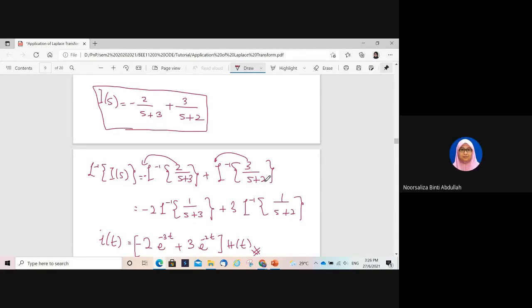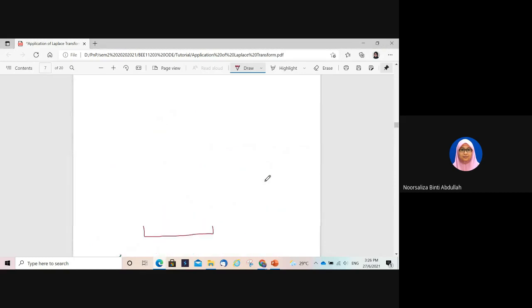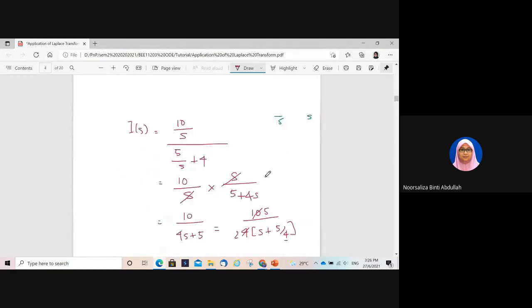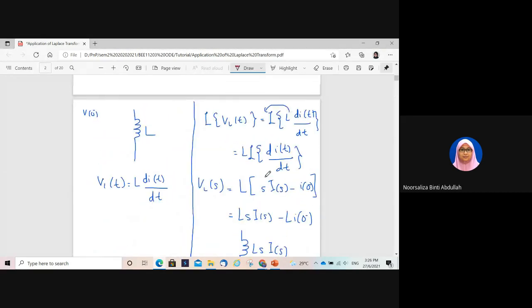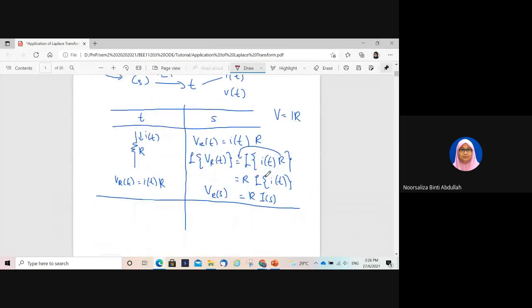Okay. So kalau you faham dia punya yang ini, yang first kali saya tunjuk, so kalau you tahu yang ini, you apa-apa circuit you boleh solve. Okay, so you know that from R, kalau you nak tukar to frequency domain, it will be R times with IS.